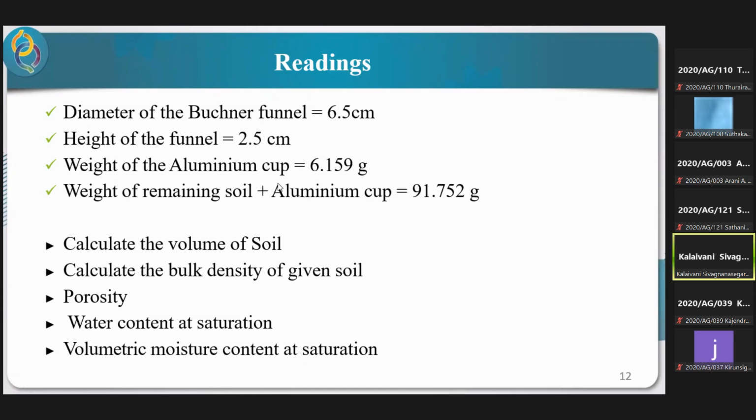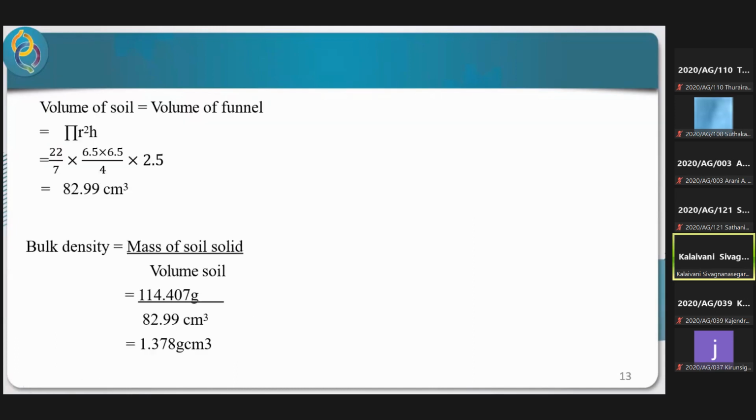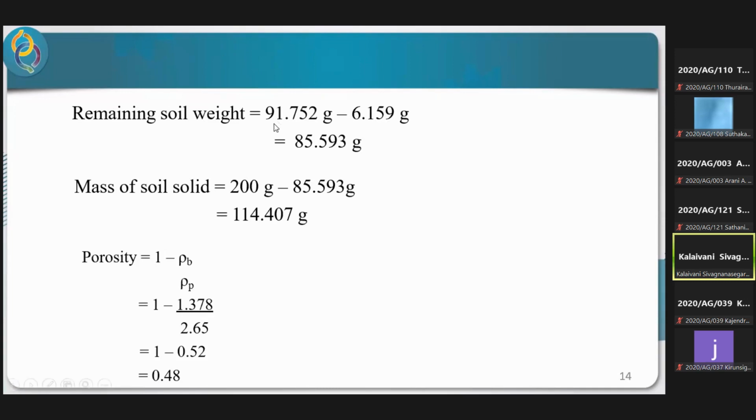From that you can get the weight of remaining soil. Is it okay? Yeah. So when you reduce this remaining soil from 200 gram, you can get the mass of soil solid. To do the bulk density, you need the mass of soil solid. You can see the calculation.